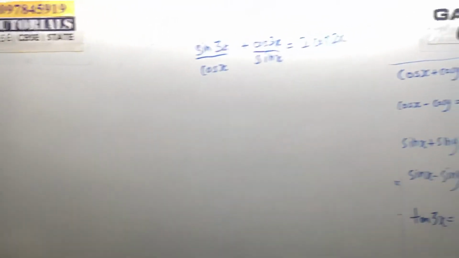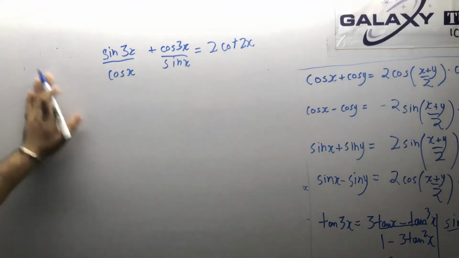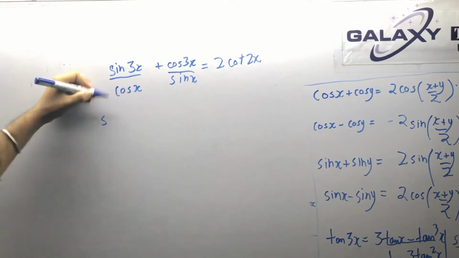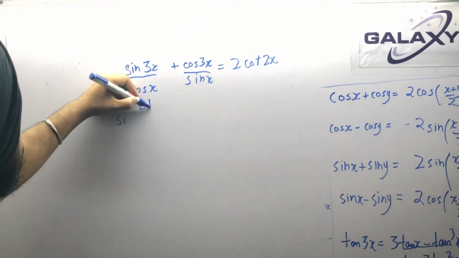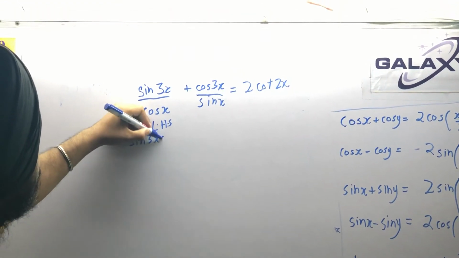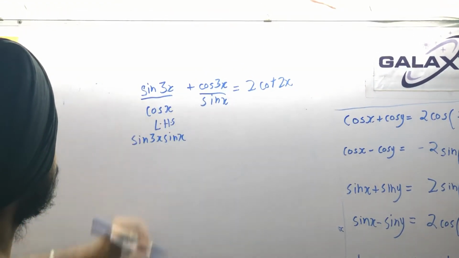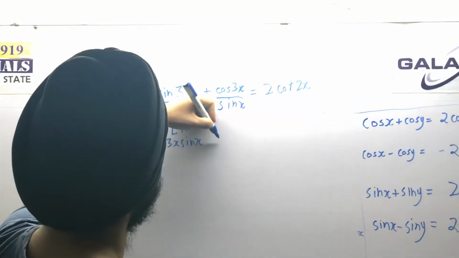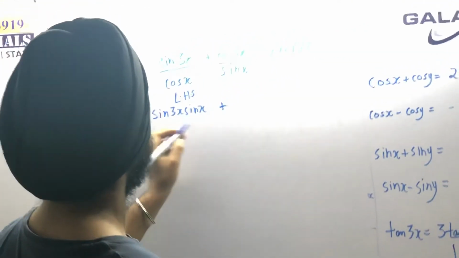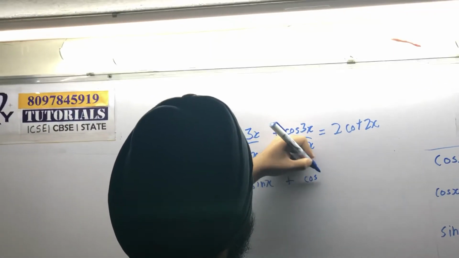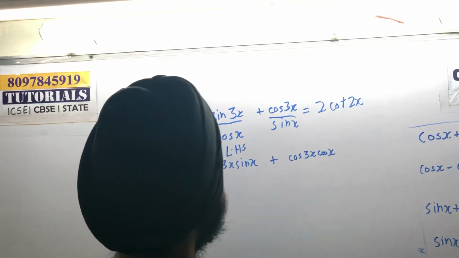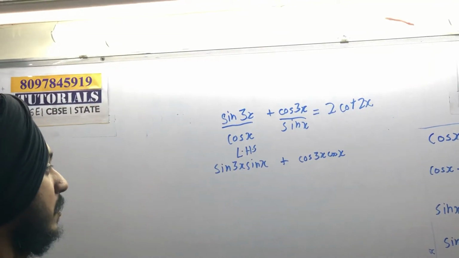First of all, you will start from the left hand side. This is LCM, take the LCM. I will write LHS.